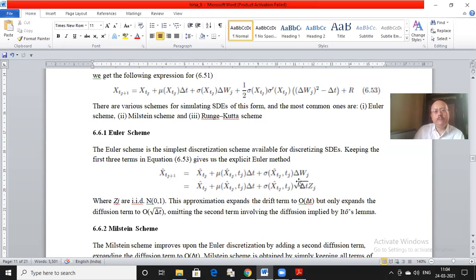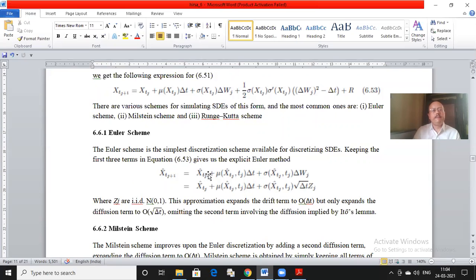Now delta w, we know that this has the following expression in terms of standard normal distribution. Delta wj is equal to root over delta t times zj, where zj is some normal 0, 1 random variable.